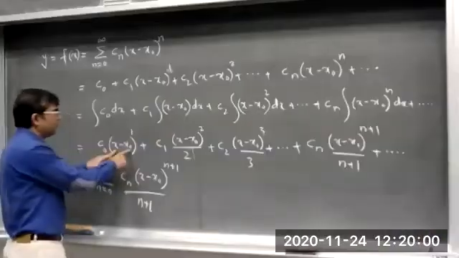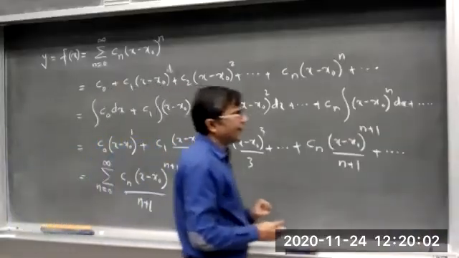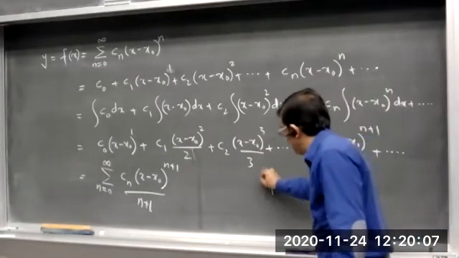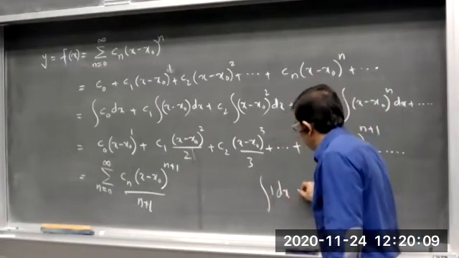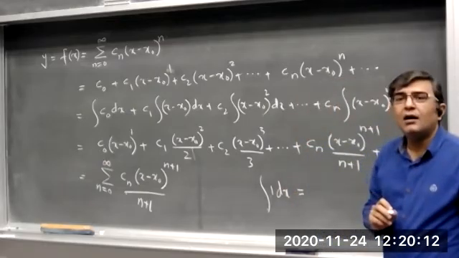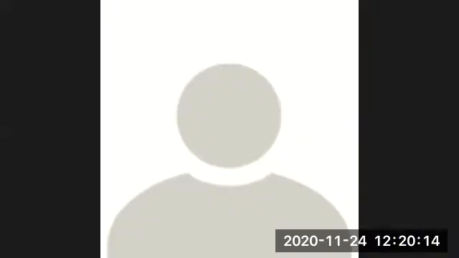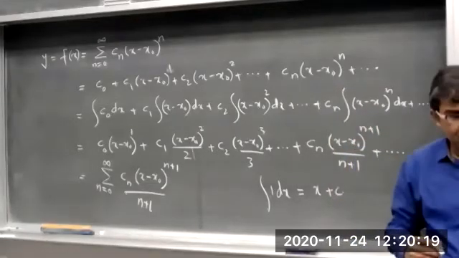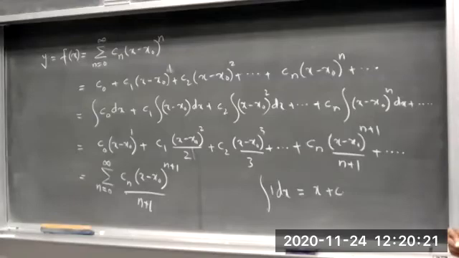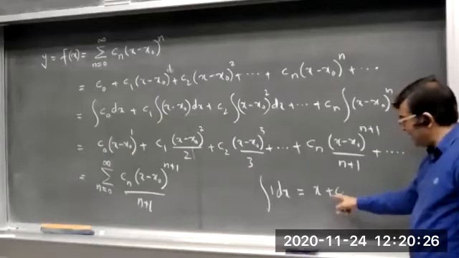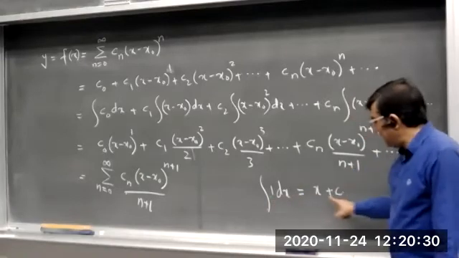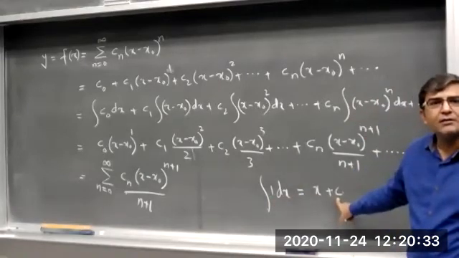Look, if you take the integral of 1, for example, what will its integral be? x. We also write it as x plus c, the constant of integration. Whenever we take the derivative of x plus c, it again becomes 1, because the derivative of x is 1 and the derivative of c is 0.